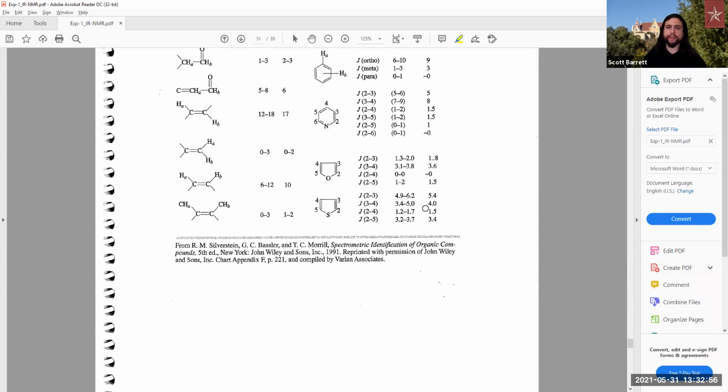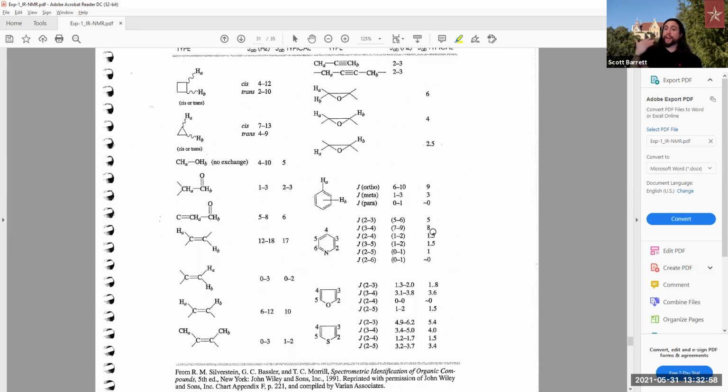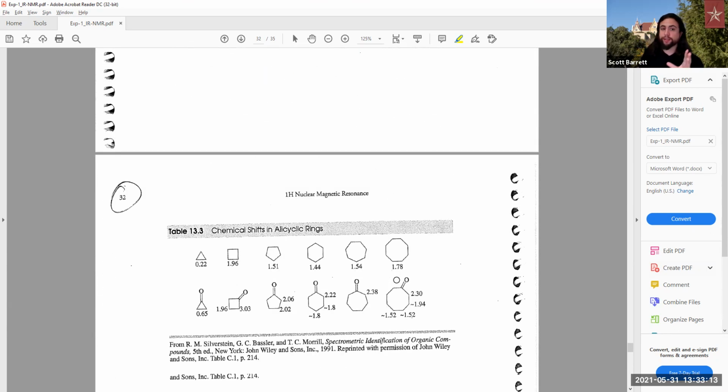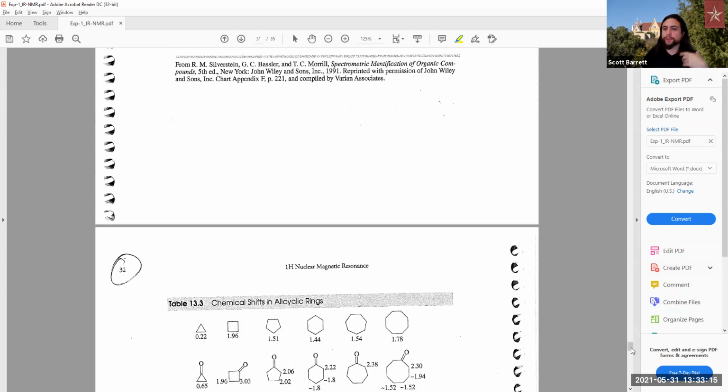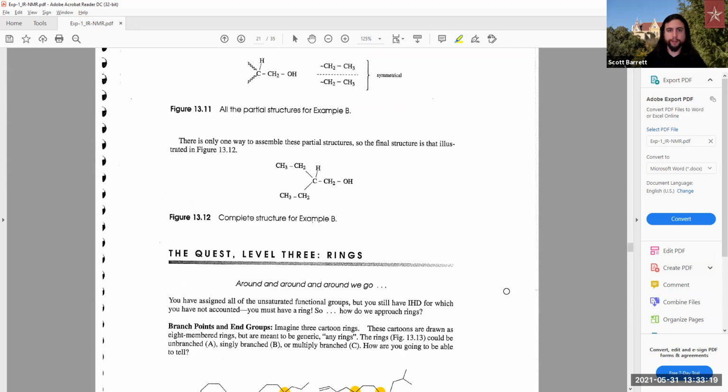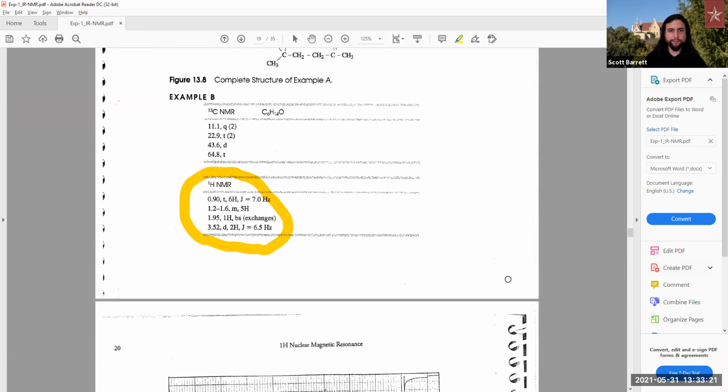Coupling constants can be helpful as the last determination to say, this is finally what I have. I've looked at the hydrogens, I've looked at the multiplicity, and now the only thing left is the coupling constant. Does it fit into my table? Then you can finally use that. I would not use coupling constants as the first thing to analyze an NMR sheet, though. Okay, let's go back up.